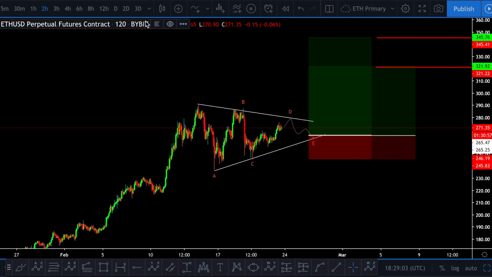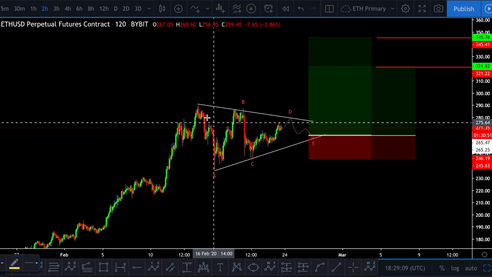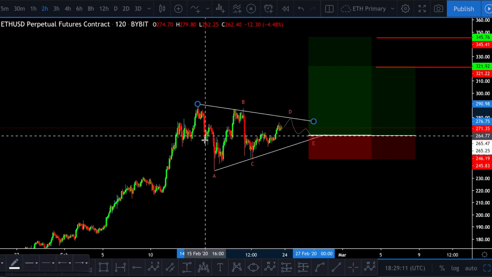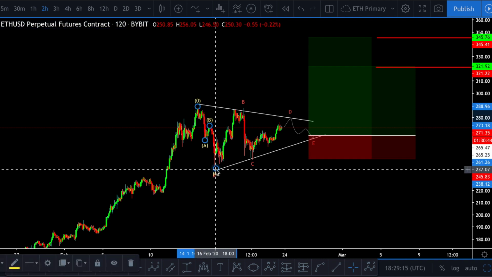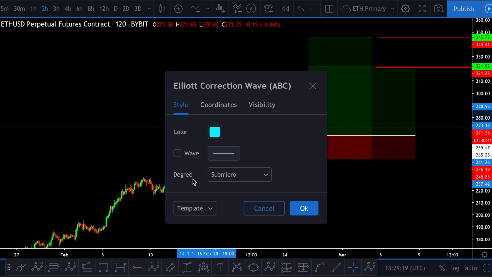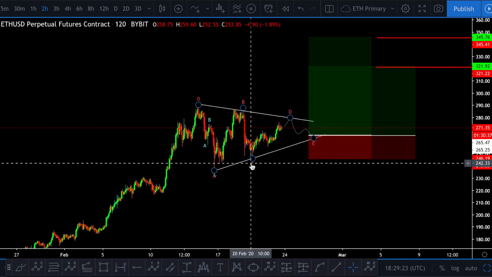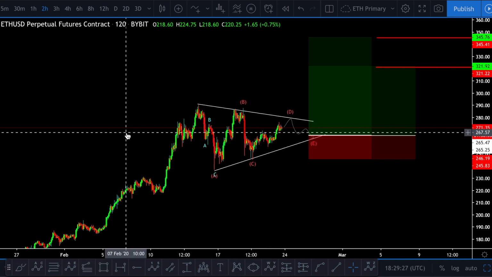Now going into smaller time frames, each one of these waves should be viewed as an ABC. Give me a second here. All right.